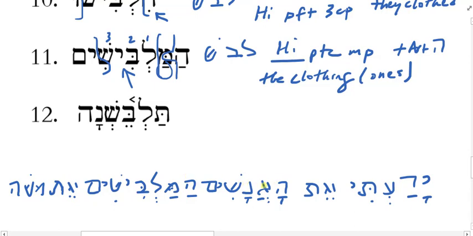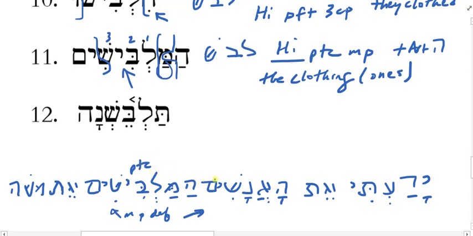I know the men, the clothing Moses. So my participle is functioning how here? Ha anashim, ha malbishim. It agrees in gender, number, and definiteness. Masculine, plural, definite. Both sides, right? So this is an attributive participle.